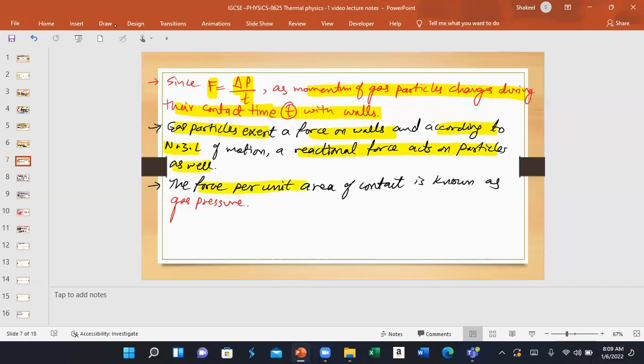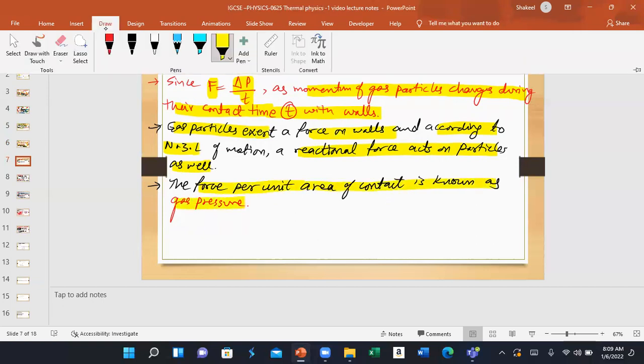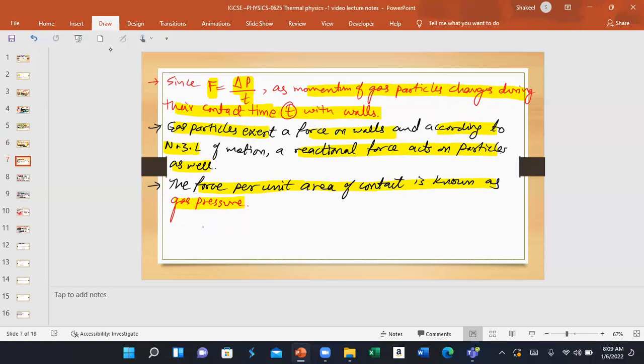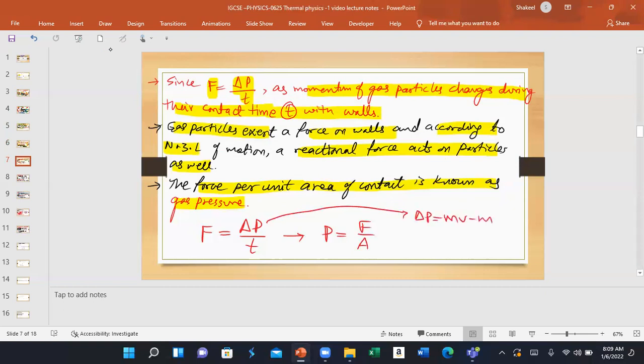So the force per unit area of the contact is known as gas pressure. Like in the gas pressure, it's quite simple. We know that force is change in momentum over time, and pressure is force over area. And change in momentum is mv minus mu.